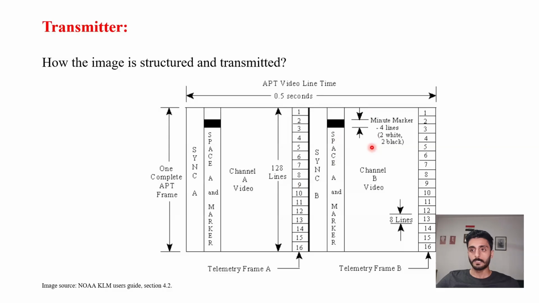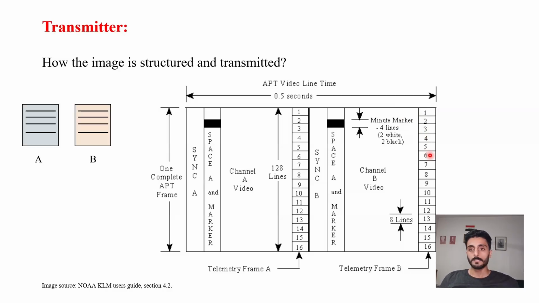So actually, APT signals contain two images, not one. They typically contain one visible light image and one infrared image. So in each line, we have the information about the first image and then the second image. After that, we also have some telemetry signals about the second channel, or the second image.